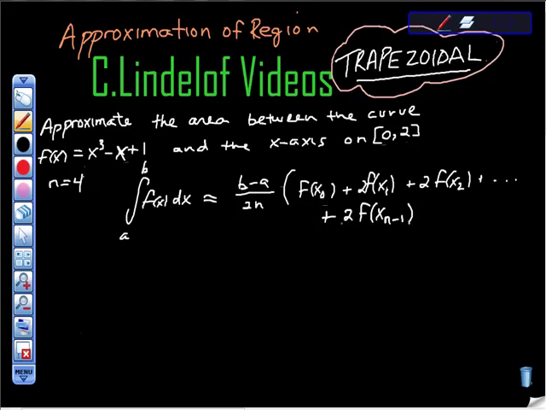The second to the last one still has a coefficient of 2, but the last one just has a coefficient of 1. All right? So that's the rule that we're about to use here.